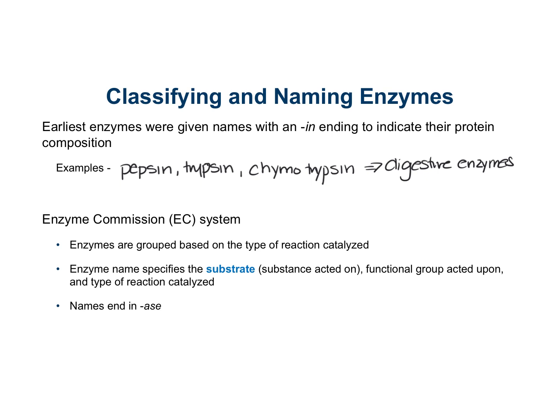However, over time, people realized there was going to be a large number of enzymes, and so it became helpful to adopt a systematic nomenclature. That systematic nomenclature is known as the Enzyme Commission System, which is the EC system. This is our systematic way of naming.